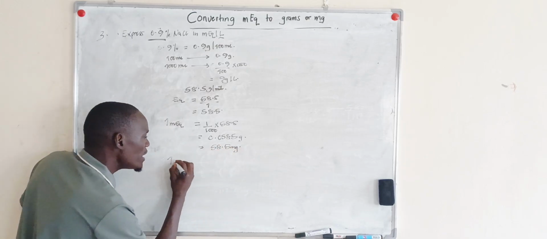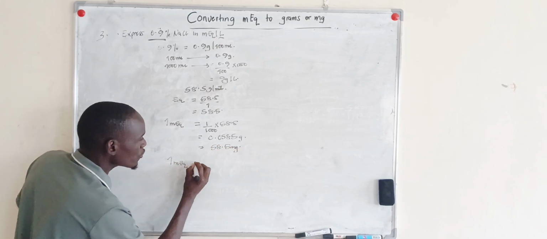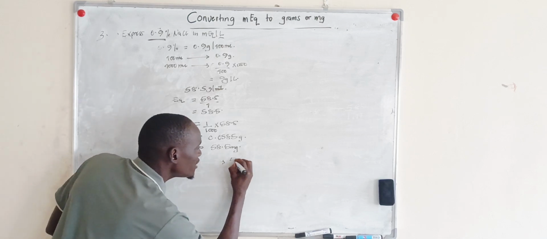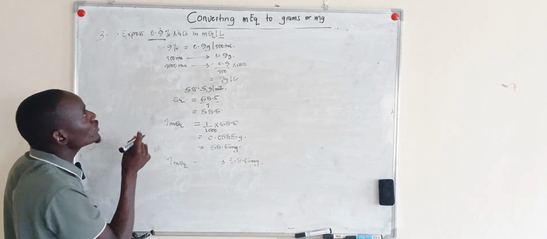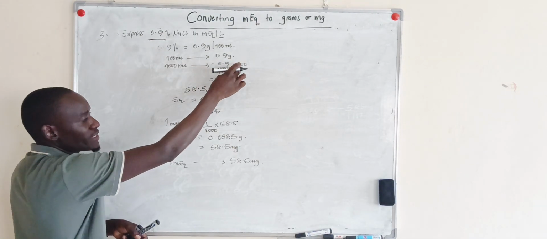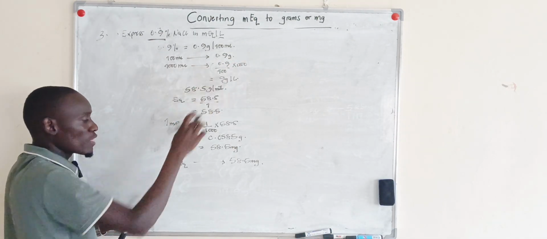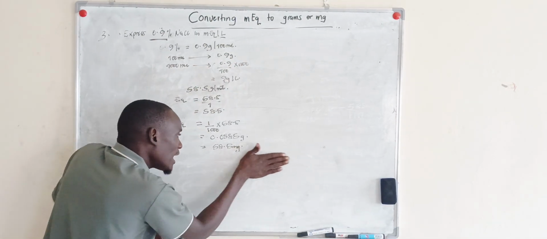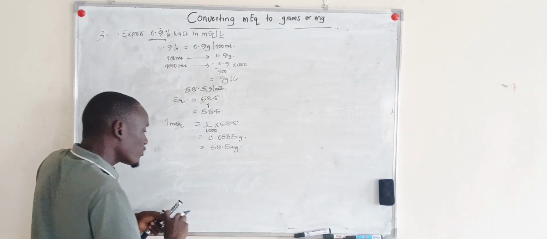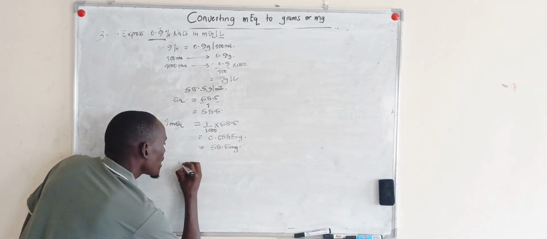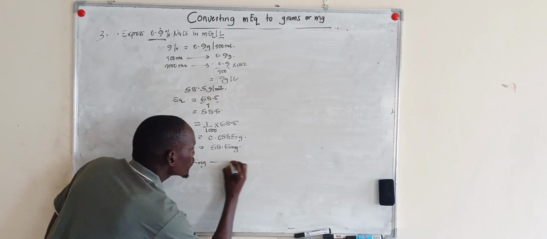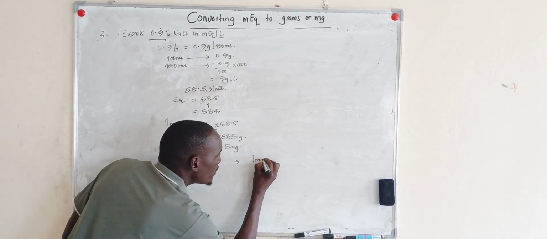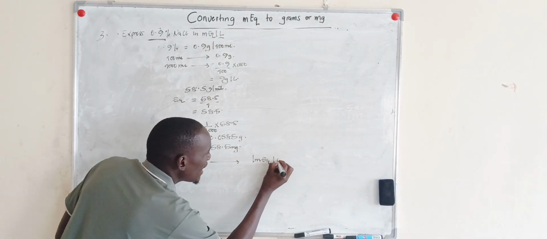So if 1 milliequivalent of sodium chloride is contained in 58.5 milligrams, how about the weight being given in this case? Since what we want is milliequivalent, we are going to say that 58.5 milligrams of sodium chloride contains 1 milliequivalent per liter.